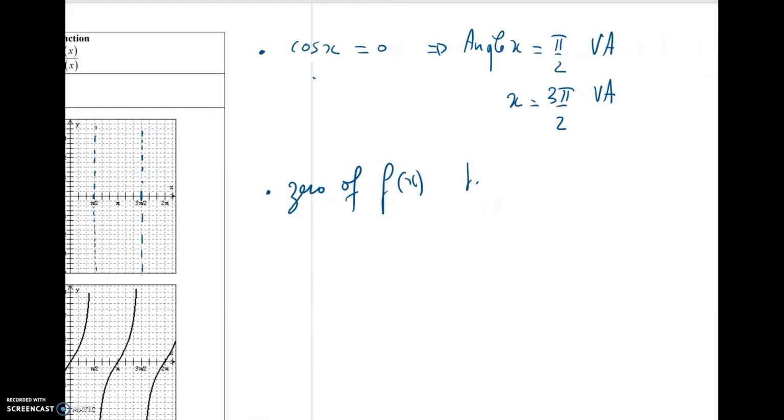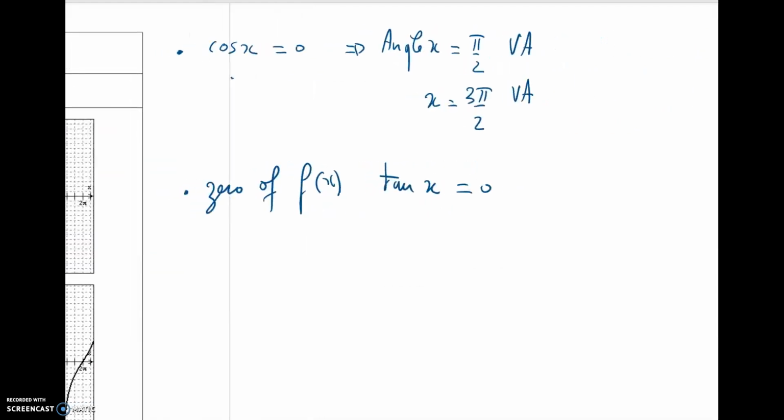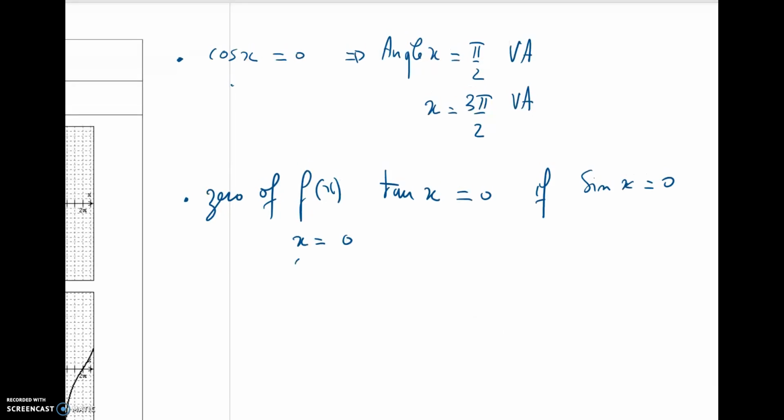Well, the function tangent x will be equal to 0 if and only if the sinus of x is equal to 0. And sinus x is equal to 0 when the angle is equal to 0, when the angle is equal to pi, or when the angle is equal to 2 pi.